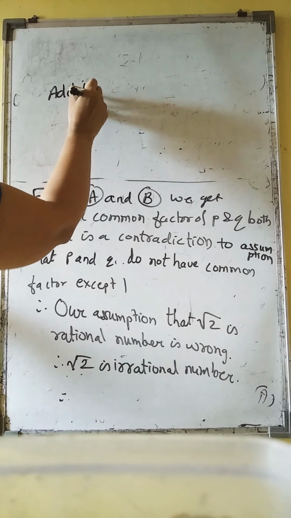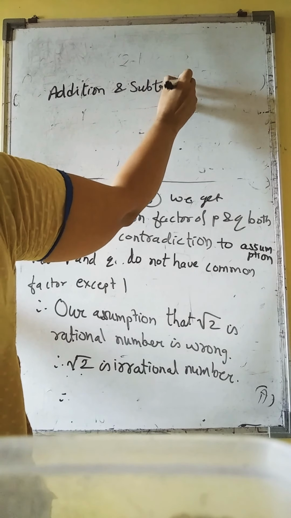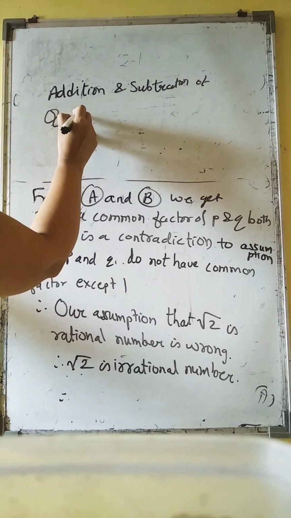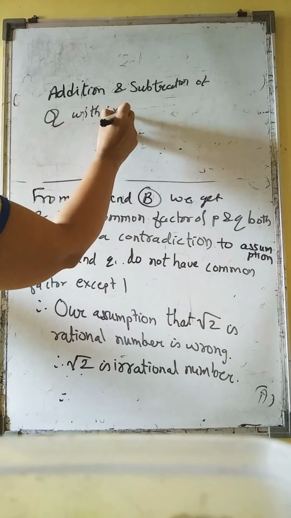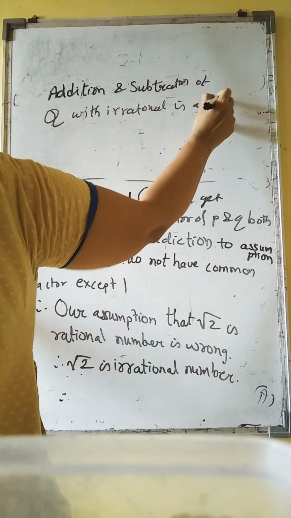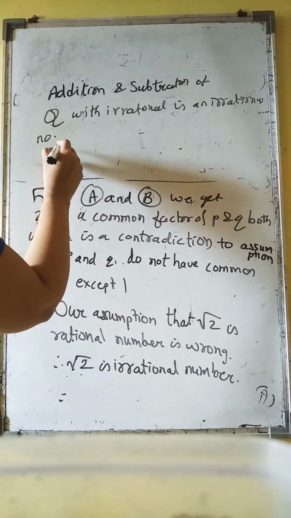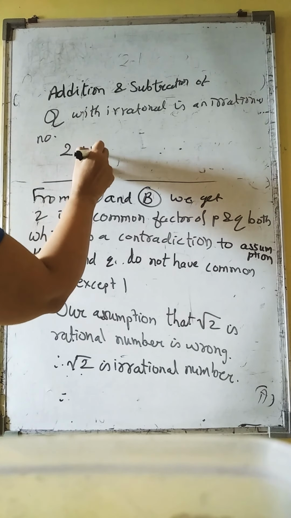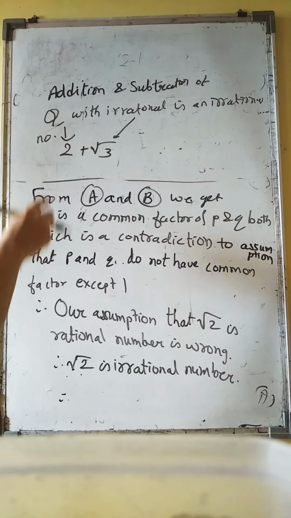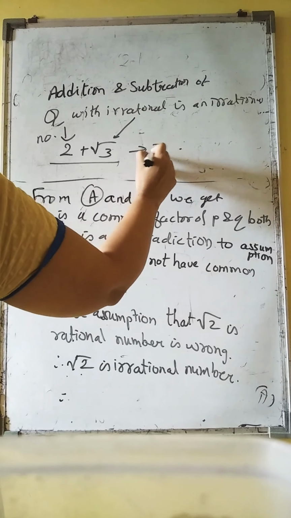Addition and subtraction of rational numbers with irrational is an irrational number. Means 2 plus root 3. Rational number, irrational number. So the answer we are going to get is irrational.